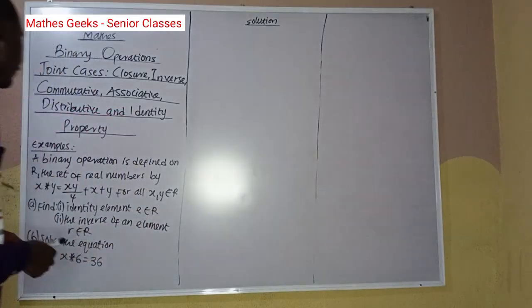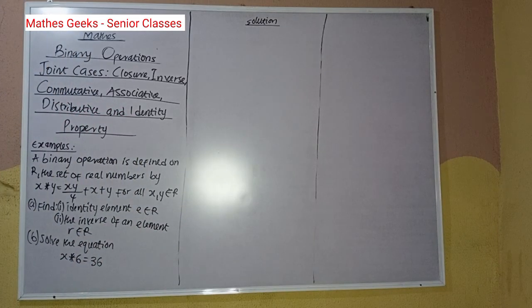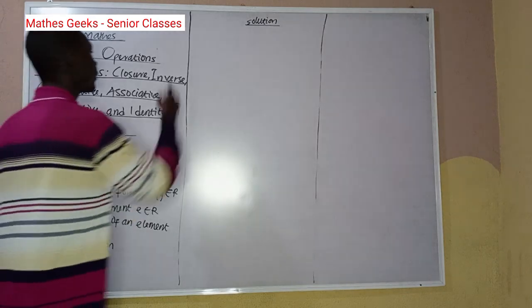A binary operation is defined on R, the set of real numbers, by x operation y is equal to xy over 4 plus x plus y for all x and y members of R. A, find the identity element.